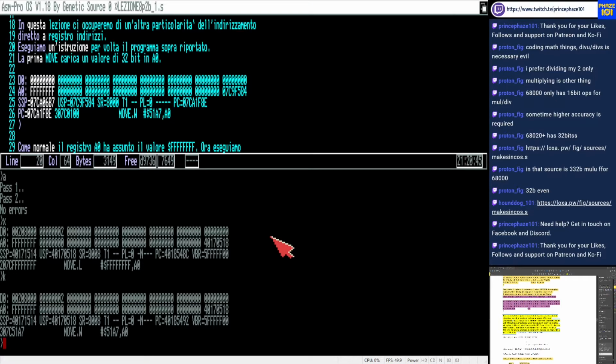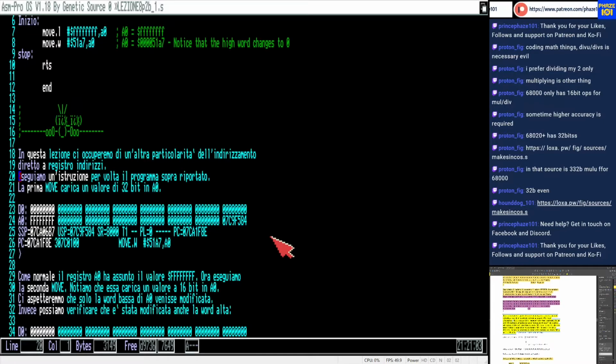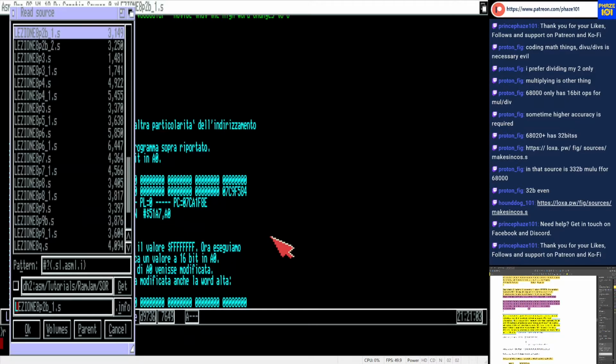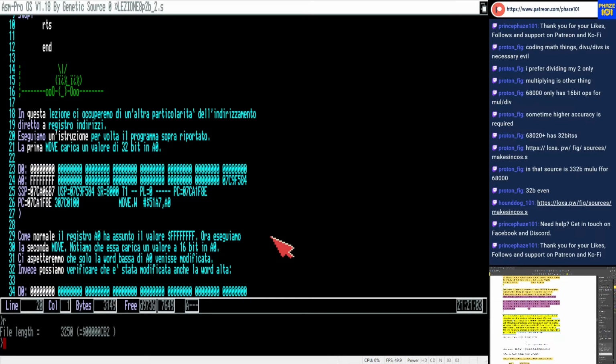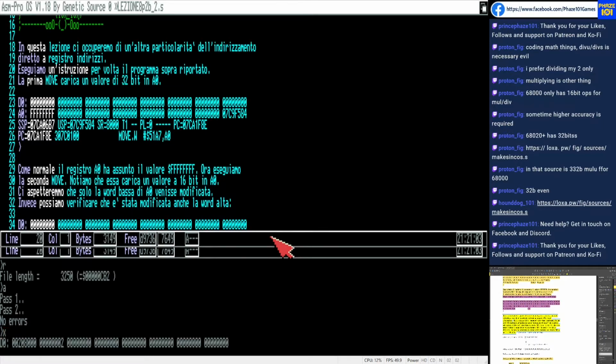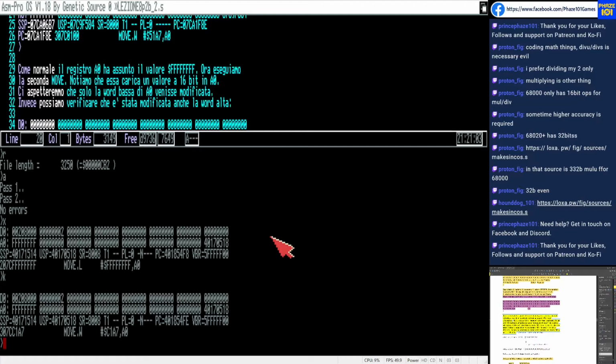We moved A0. I'm telling you this because something is going to come in the next example.